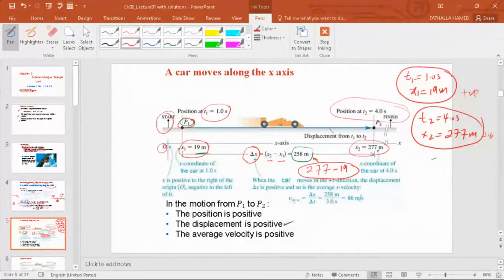And then we look at your average velocity, v average x, which is your average velocity along the x-axis, which is delta x over delta t, which is 258, and delta t will be 4 minus 1, which is 3, and it gives you 86 meters per second. And that's why we say here your average velocity is positive as well. Positive meaning you're moving to the right, or the positive x-axis.